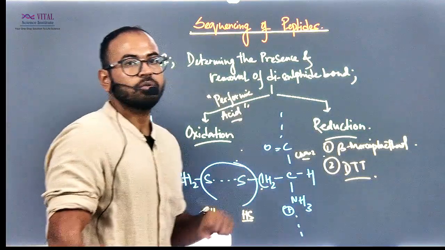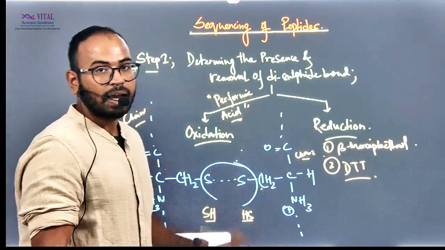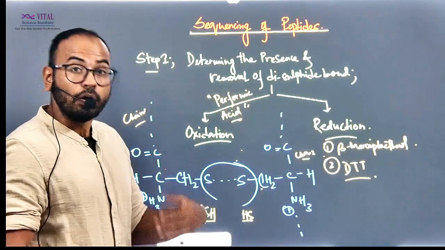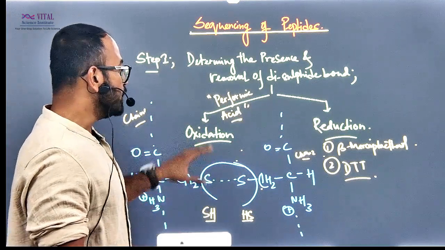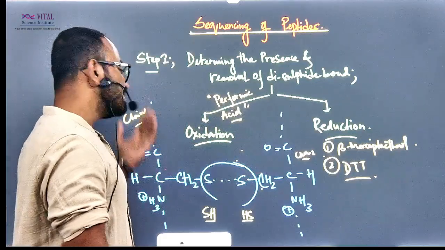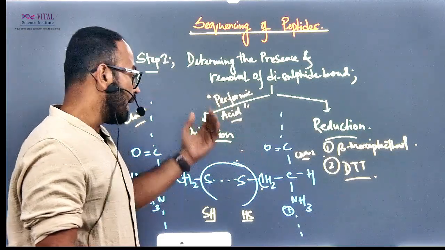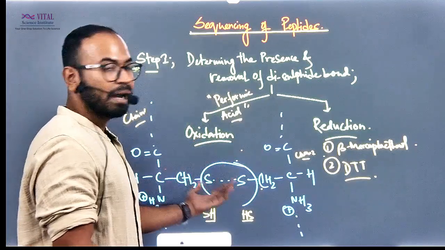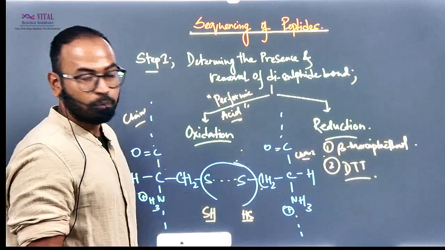So first we have to keep in mind that we need to remove the disulfide bonds. In order to do that, we have to initiate the process of oxidation or reduction. If we do oxidation, that can be conducted with the help of performic acid, and this will give rise to S minus on both ends after the removal of disulfide bond.